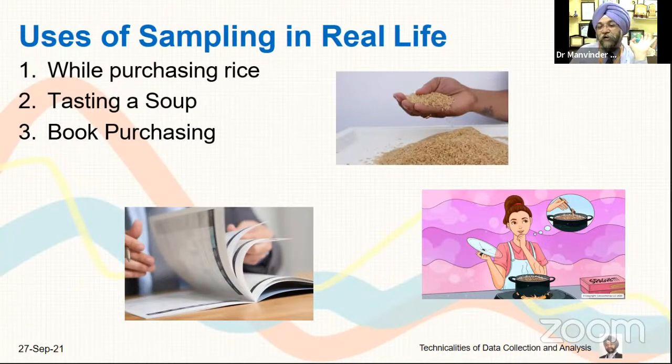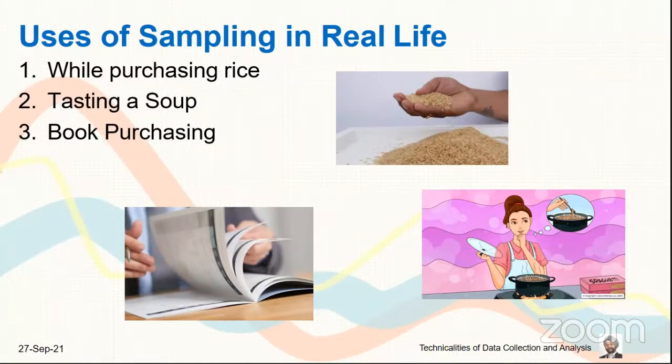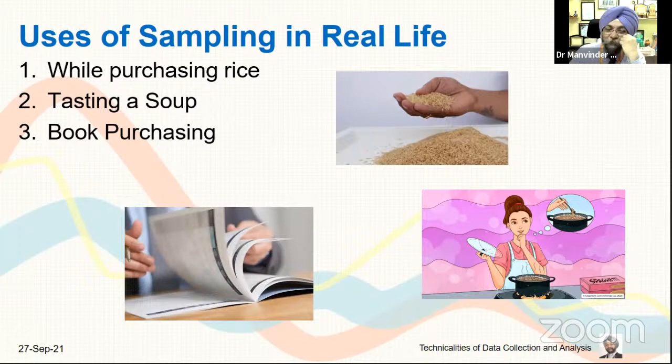Suppose, for example, you go to a grocery shop for purchasing rice, and you have been instructed by your wife that you have to purchase very good quality rice, and that too within 80 rupees. So what will you do? You will just check the quality of rice, taking something out of the heap.